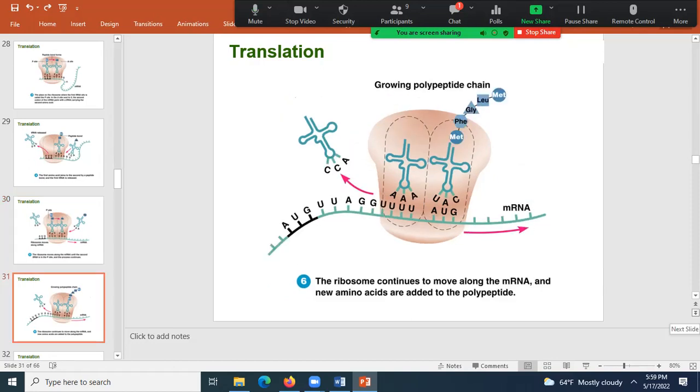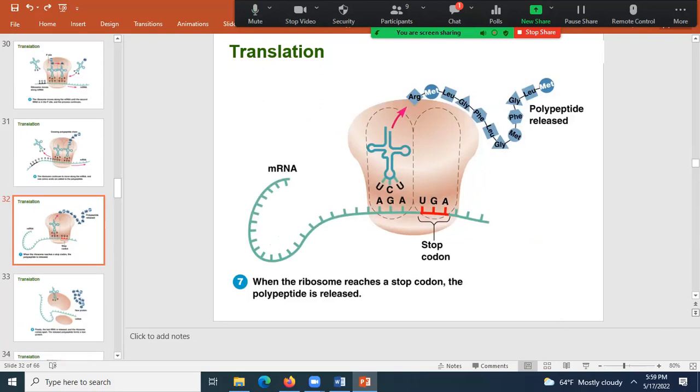And that process continues, growing the polypeptide chain as the ribosome moves down one codon at a time, bringing on the new amino acids brought in by the tRNA. And that process continues until the ribosome reaches the stop codon.